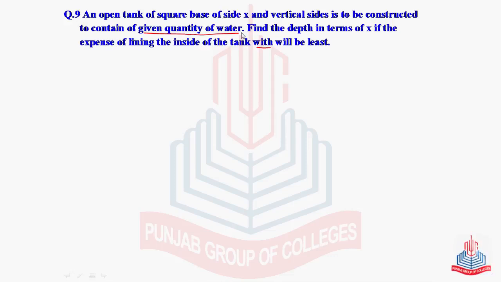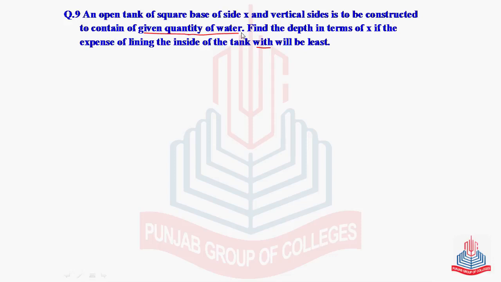So again we have to make an open tank. In question number 7 there was a box of a square base. Here we have to make a tank of square base of side x. So length will become x, width will also become x.